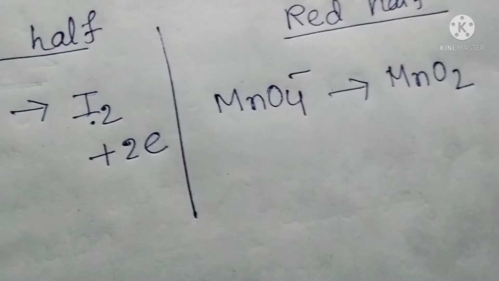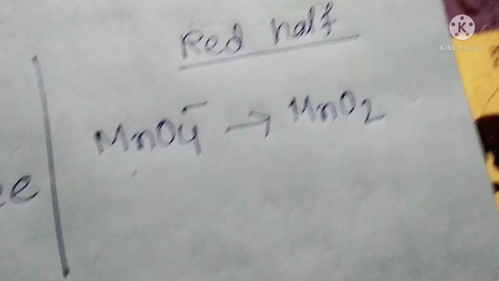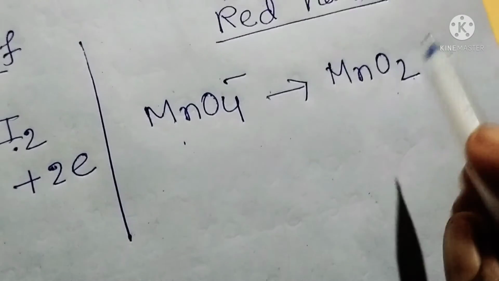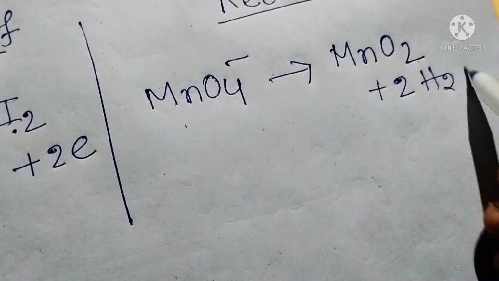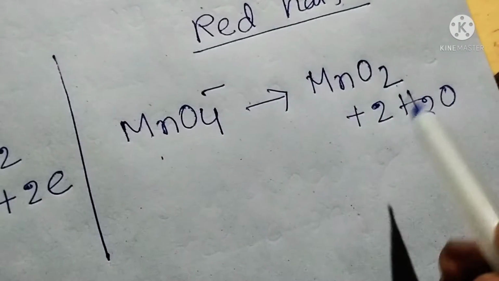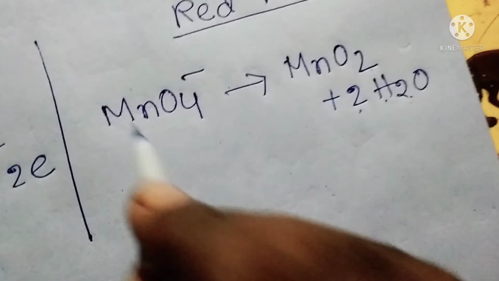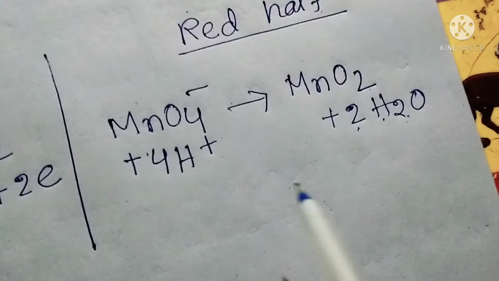Do you understand? Now let's see here. Here Mn, here 4 oxygen is present, here 2 oxygen is present, so add here 2 H2O. So here 2 into 2, 4, so here we added 4 H plus.